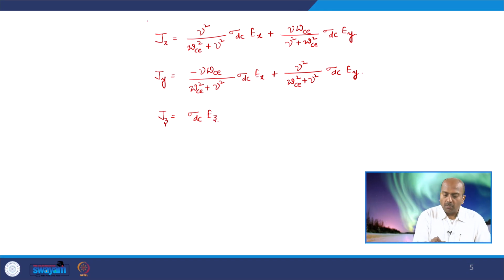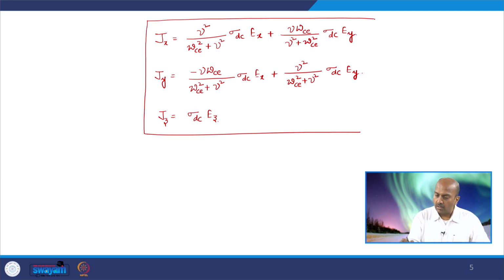Right. So, most importantly, the conductivity along the Z component is just a humble component which just depends on the Ez, right. Now, look at this equation, you observe these terms, the collisional frequency and the gyration frequency, how they depend on the electric field components along the perpendicular direction.